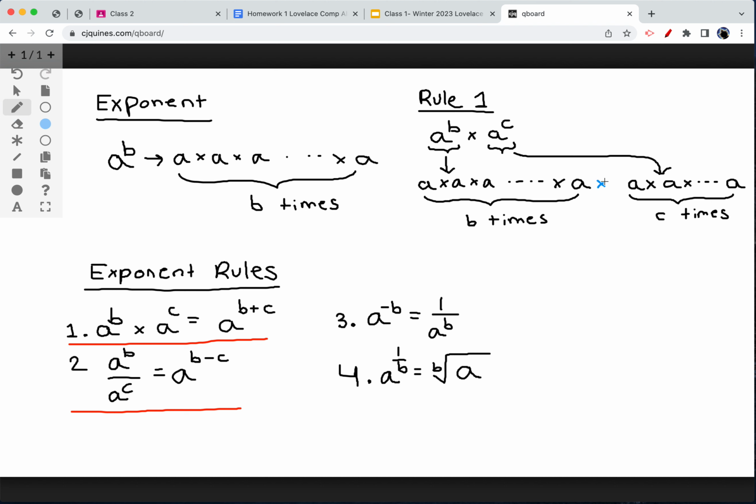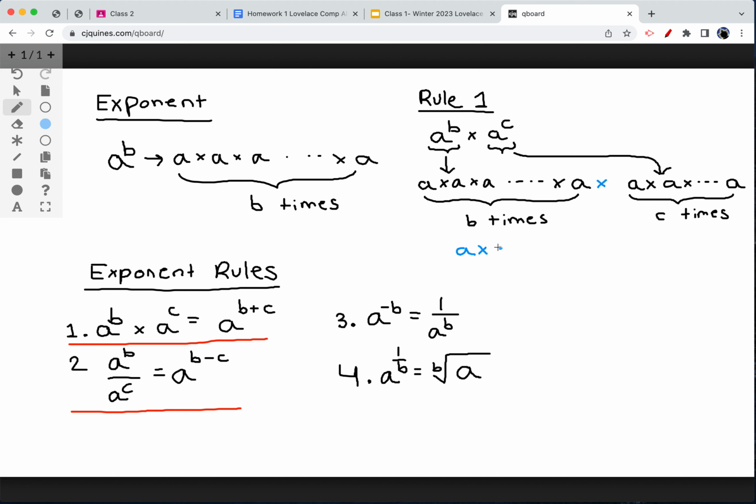But if we multiply a to the power b in its expanded form with a to the power c in its expanded form, then we're just multiplying a by itself, b plus c times.